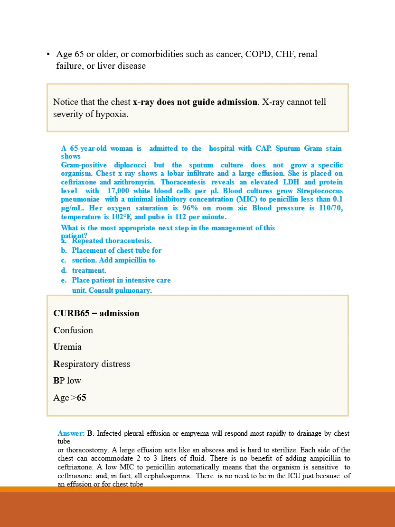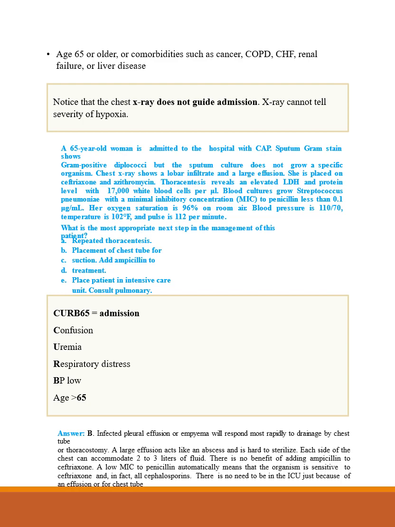D. Place patient in intensive care unit. And E. Consult pulmonary for the patient. We have so-called CURB-65 admission criteria, where C stands for confusion, U for uremia, R for respiratory rate, BP will be low, age will be over 65.